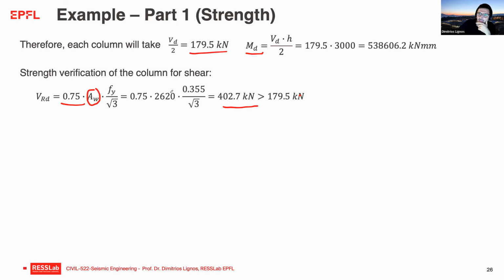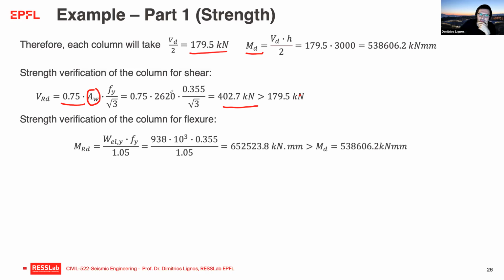Similarly, if I would like to consider the strength verification of the column for flexure, I will compute my MRD to be equal to W elastic y times Fy divided by gamma M1. In this case, I'm considering that the element is going to remain elastic, so I'm using the elastic yield moment. Again, for an HEB 240, you can use the table to get your W elastic y.